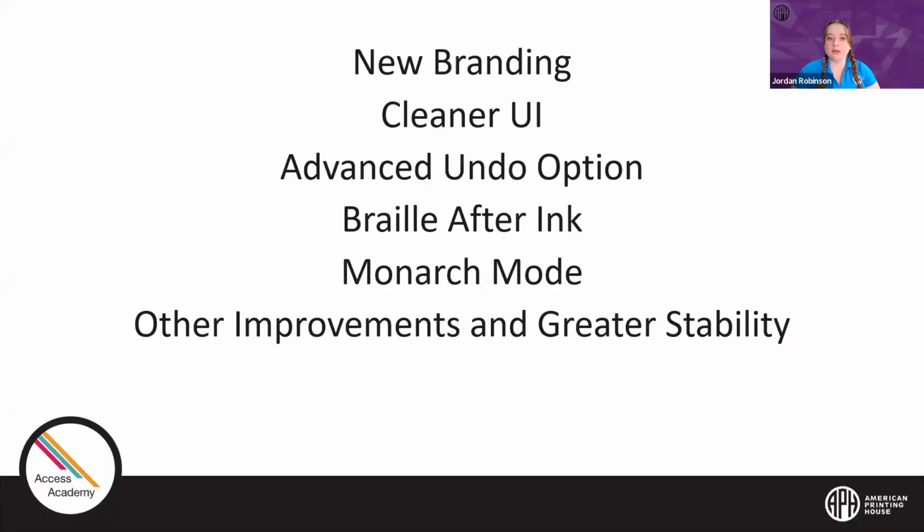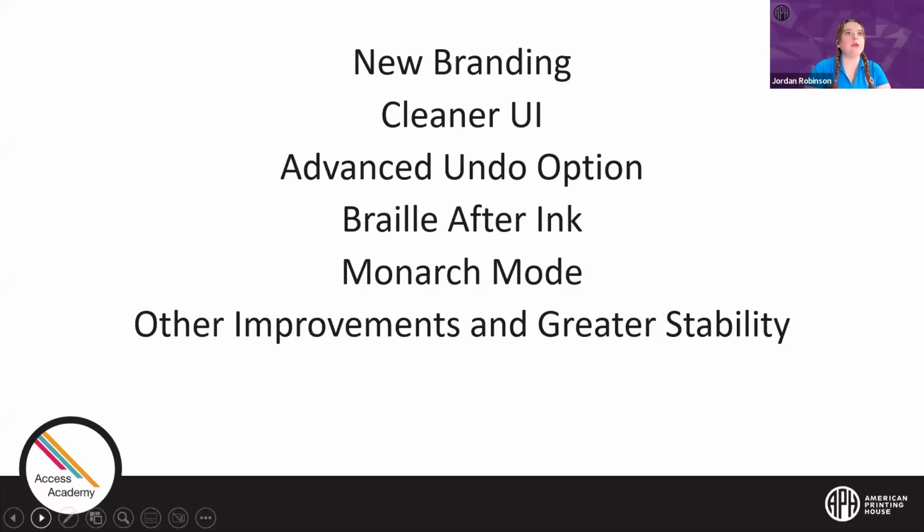With this new improvement for version 3, there's some new branding, a cleaner interface, and the undo option Andrew will go over, which is more advanced and allows you to undo a lot more than you used to be able to. You can braille after ink, Monarch mode, and some stability and quality of life updates in version 3.